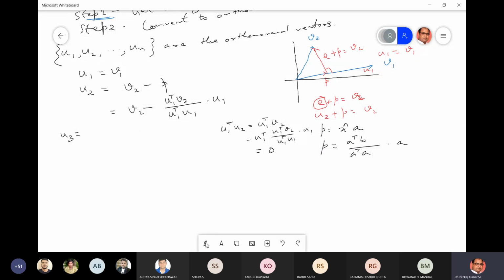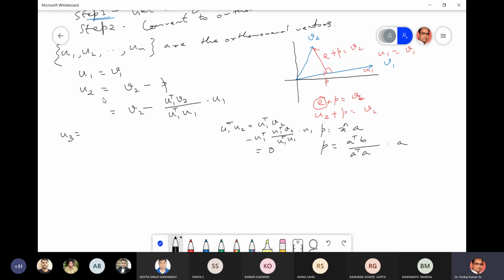What exactly we have done in case of U1, we have assumed V1 as a part of the orthogonal set. And the second thing we did in case of U2 is use this drawing and find out what U2 is, which I referred from the previous class.